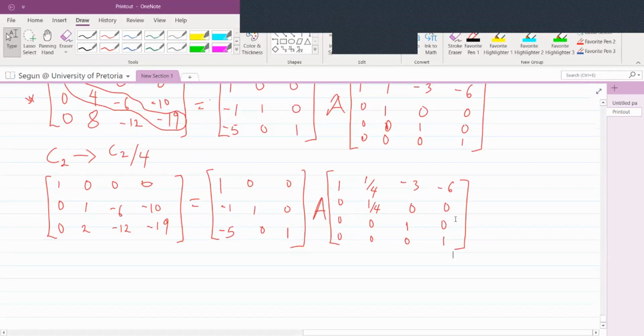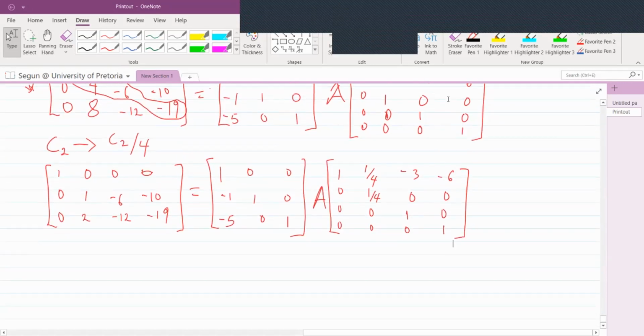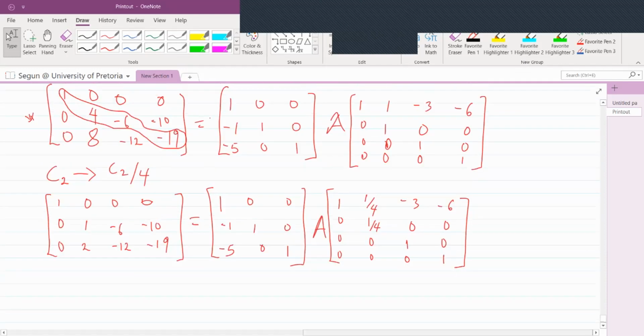So we can continue. Those of us, raise up your hands, ask questions. Oh, sir. Can we decide to divide row 2 by 4? I think we can still have 1 for that second column also.